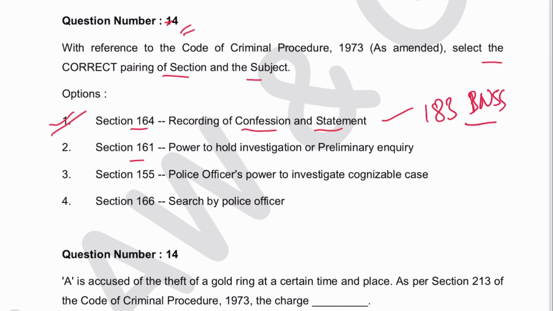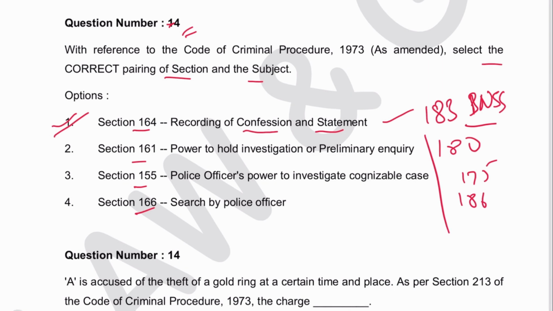Section 161 has now become 180, 155, 175, 166, 186. The power to hold investigation or preliminary inquiry. This is section 159. Police officer's power to investigate cognizable case is in 156, and search by police officer is 165. So therefore these two are wrong.